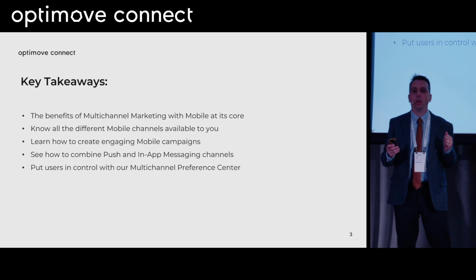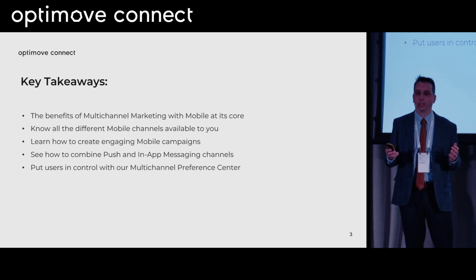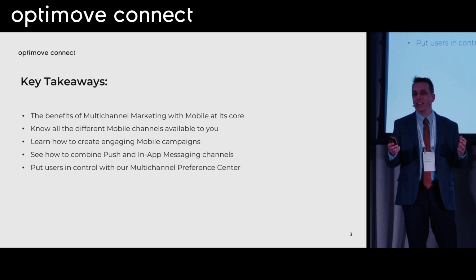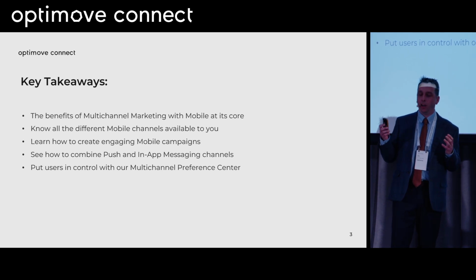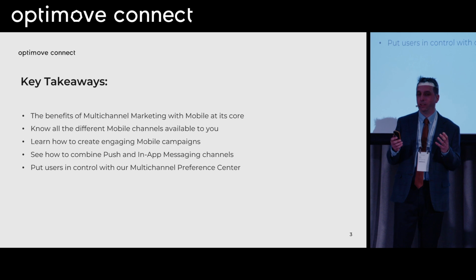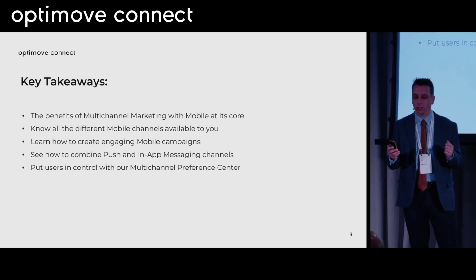Okay. So we're here to talk about our mobile channels. What I want you to take away from this session, you all know the benefits of multi-channel marketing. You wouldn't be Optimove clients if you didn't. What I want you to take away is how much more effective multi-channel marketing campaigns can be if mobile is one of the channels.